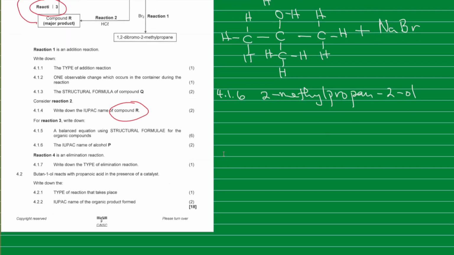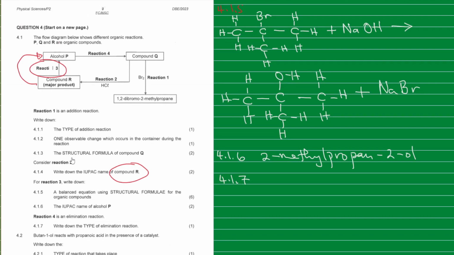Okay. Then reaction 4 is an elimination reaction. Write down the type of elimination reaction that takes place. 4.17. Okay, so here in reaction 4 we have got this one over here. Okay, so it's an elimination. So we are taking this alcohol, which is our 2-methyl propan-2-ol, and we are going to eliminate.